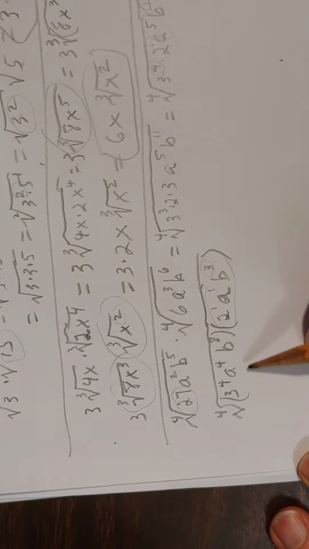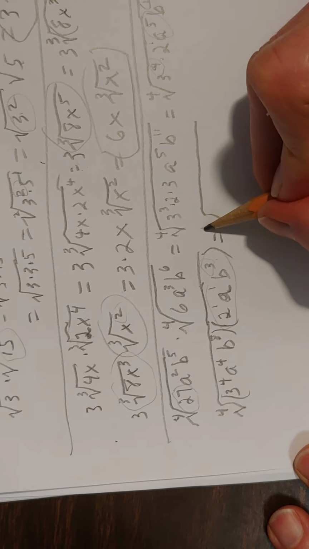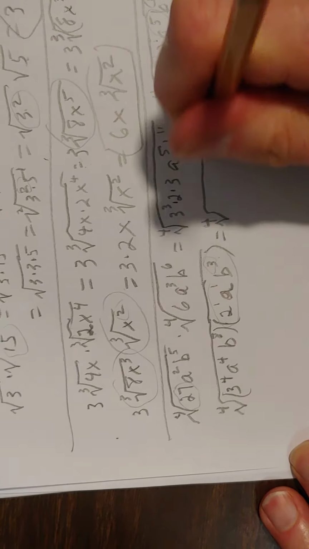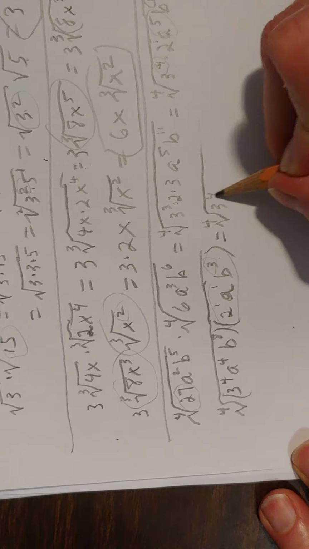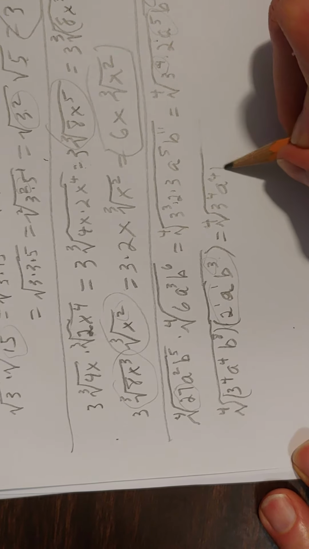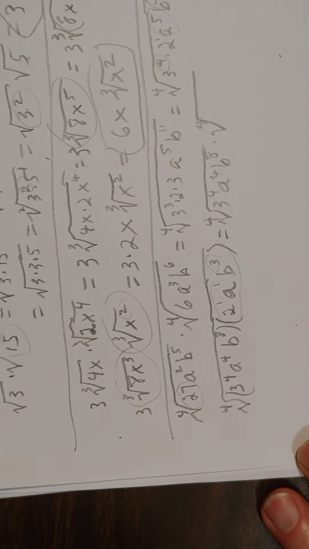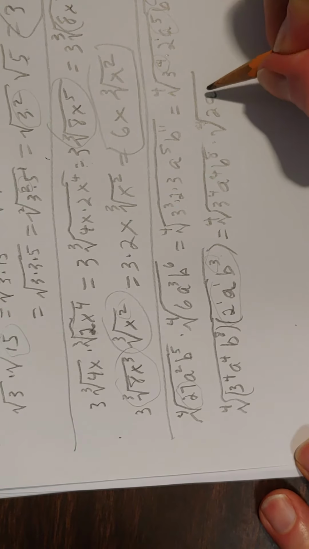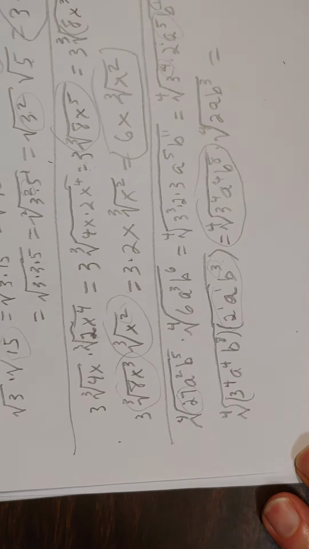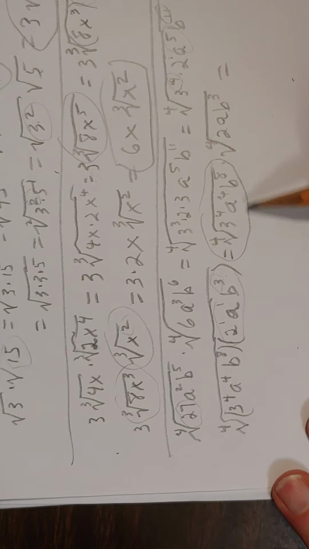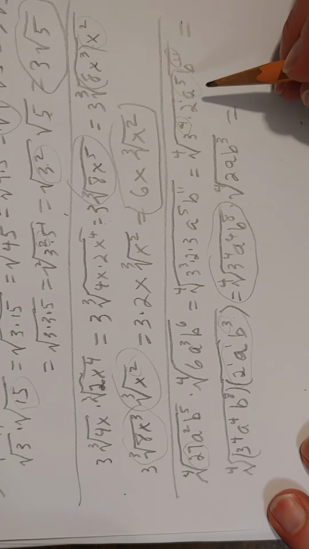So we have these two factors underneath the radical symbol. Let's use the product rule again. It's the 4th root of 3 to the 4th times a to the 4th times b to the 8th, times the 4th root of 2ab cubed. This first factor, we can write without a radical symbol because the radicand is a perfect 4th power.